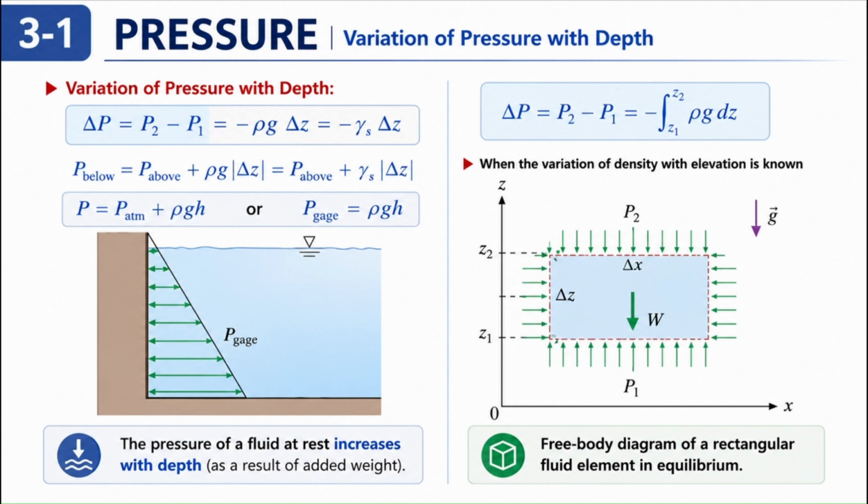Now if the fluid has variable density, this same expression will change into this integral form. Delta P is equal to P2 minus P1 is equal to minus the integral from z1 to z2 of rho g dz. For liquids, density is often treated as constant. For gases over large elevation changes, density variation may need to be included.